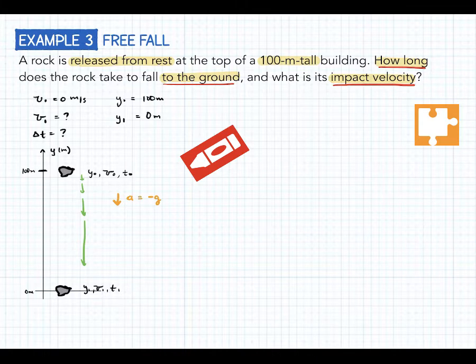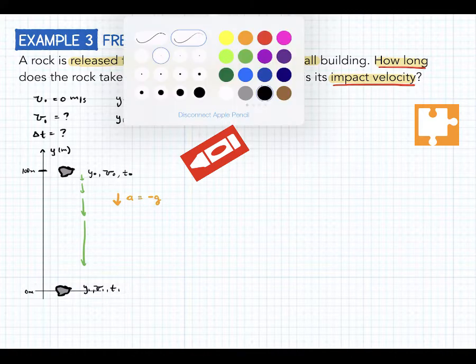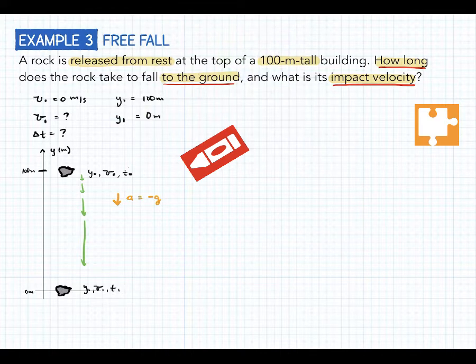So as far as our knowns and unknowns go, I'm going to highlight the things we need to know: the time and velocity 1. Because that's impact velocity, and the time is the change in t. And then velocity 1 is our final velocity.